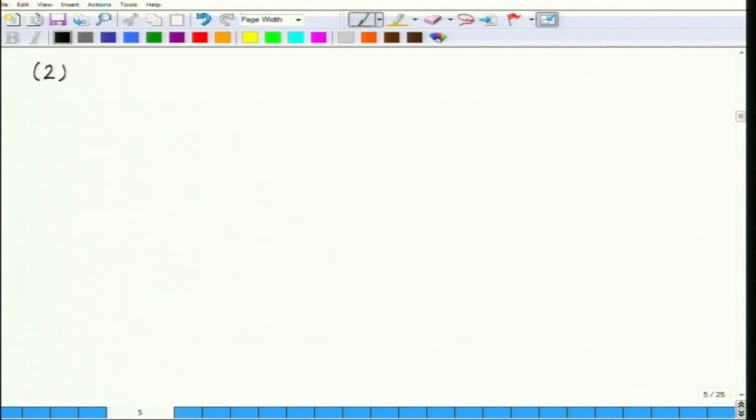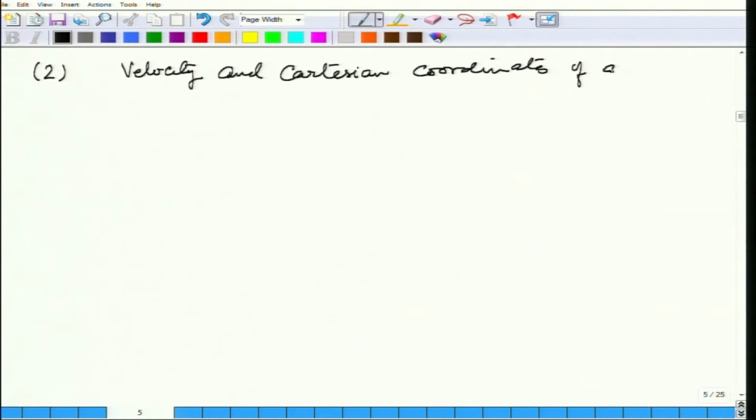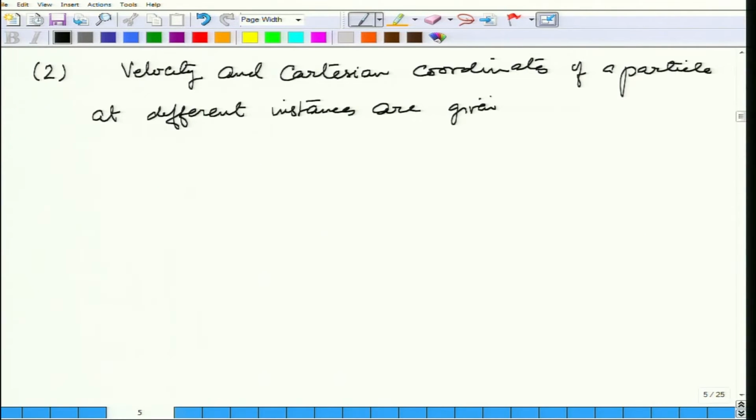Velocity in Cartesian coordinates of a particle at different instances are given below.